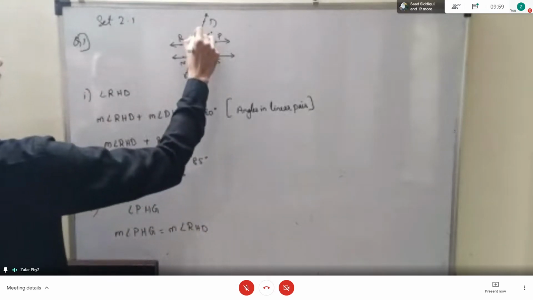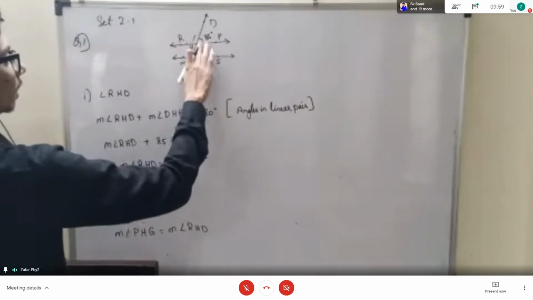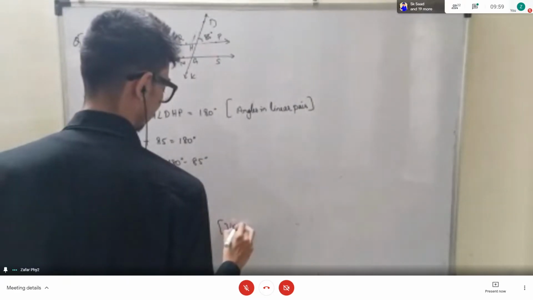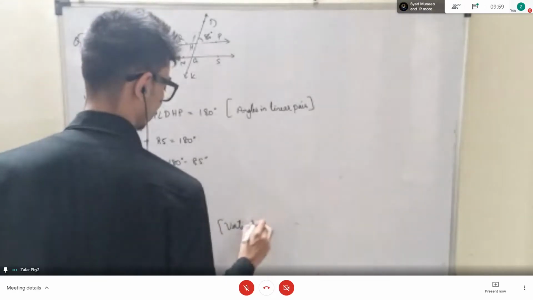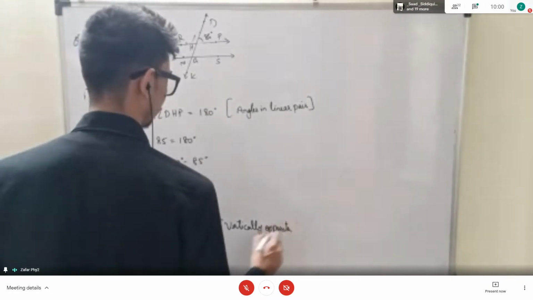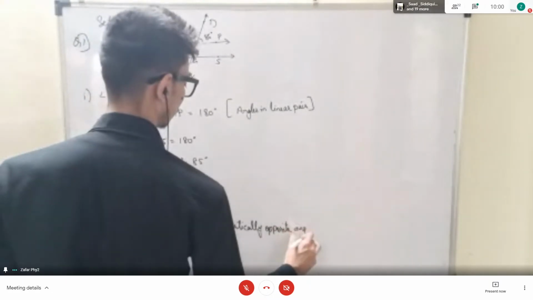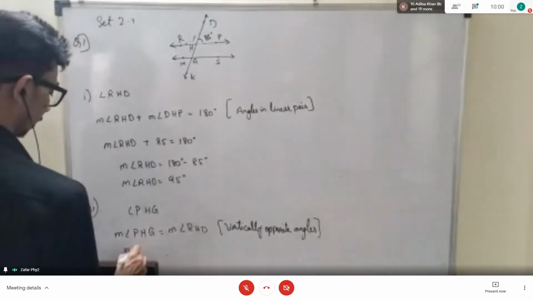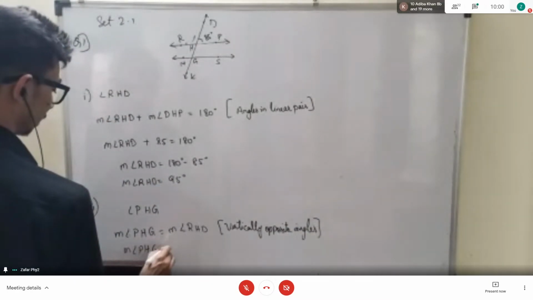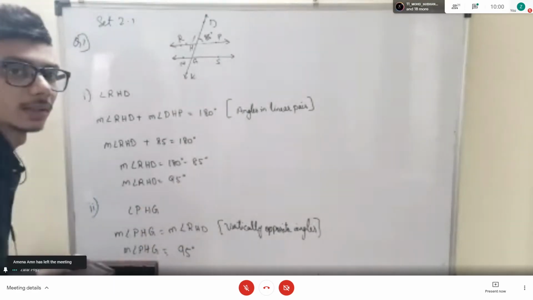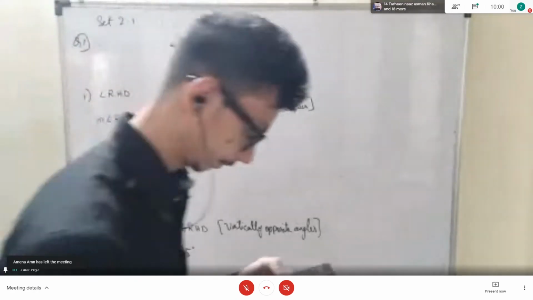These two angles are equal by vertically opposite angles. Okay, so that is coming measure of angle PHG is also equal to 95 degree.